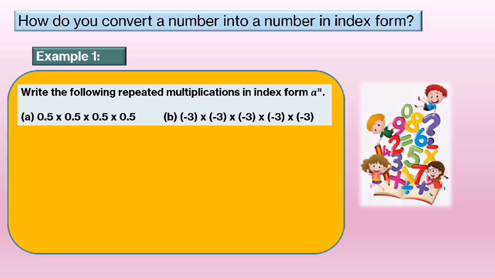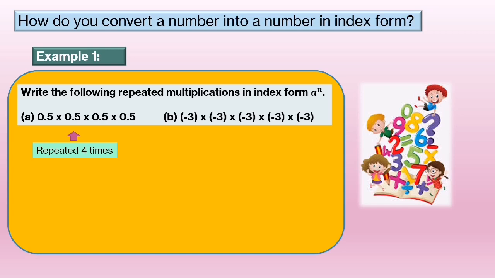How do you convert a repeated multiplication into a number in index form? We look at example 1. Write the following repeated multiplication in index form, a power of n. We look at a. The base is 0.5. Now we check the number of times the base is multiplied repeatedly, and we found that it repeated 4 times.